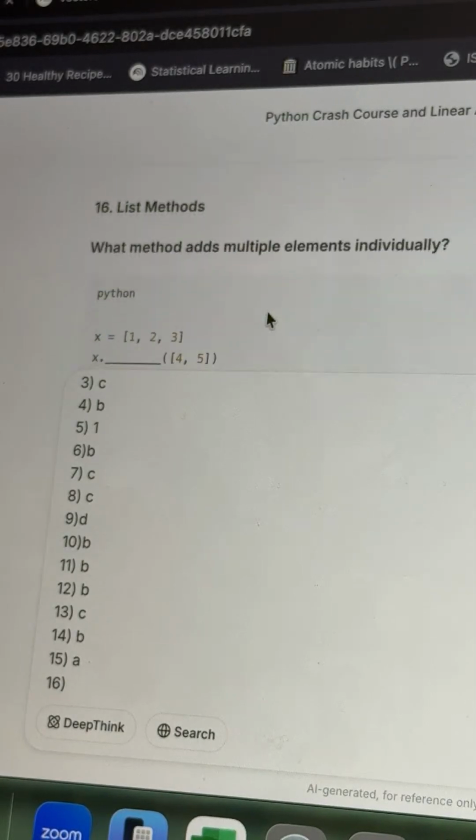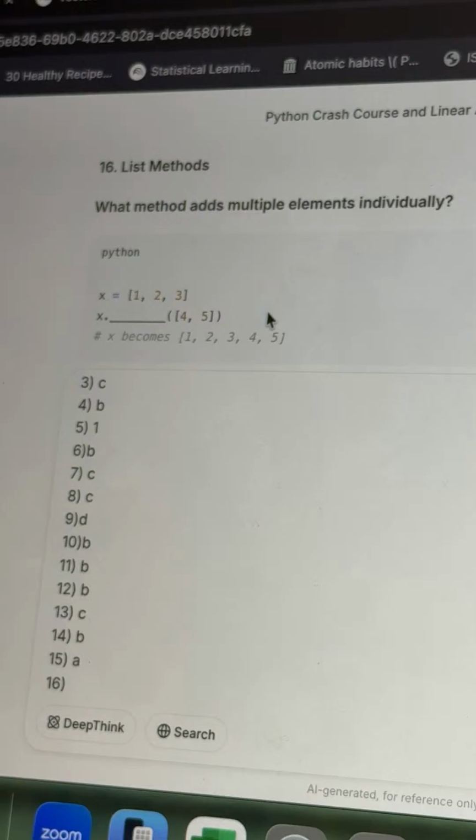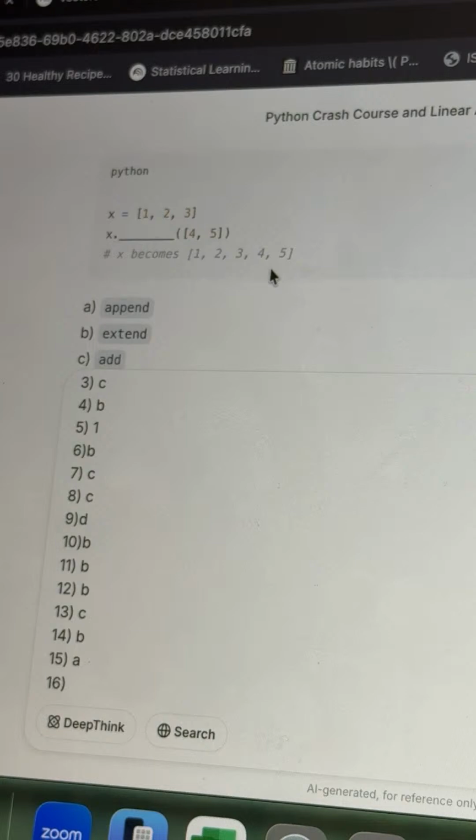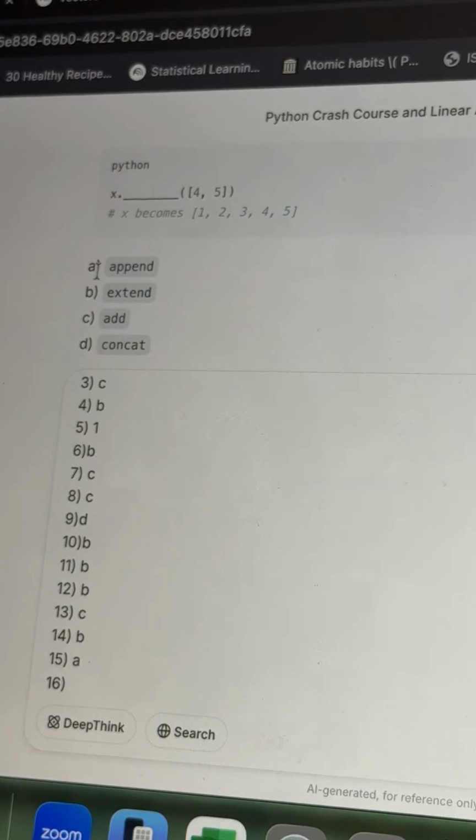Okay. Number 16. List methods. What method adds multiple elements individually? Multiple elements individually. So this would be x dot, this becomes 1, 2, 3, 4, 5, 6. 1, 2, 3, 4, 5. I think it's append.